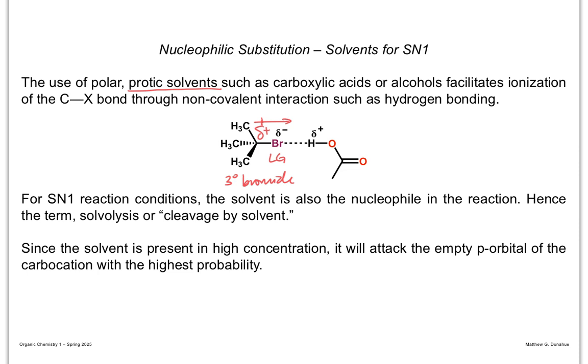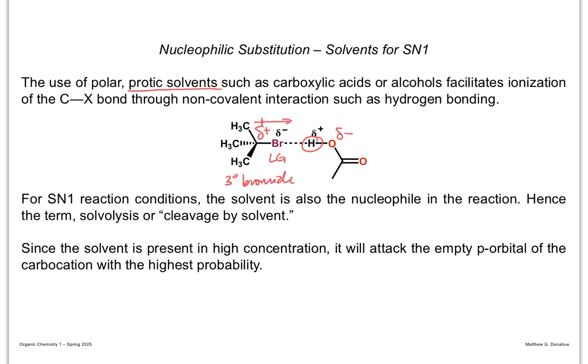With a protic solvent, that hydrogen is typically delta positive, due to the change in electronegativity between O and H. This dotted line here signifies an electrostatic interaction between the delta plus and the delta minus.